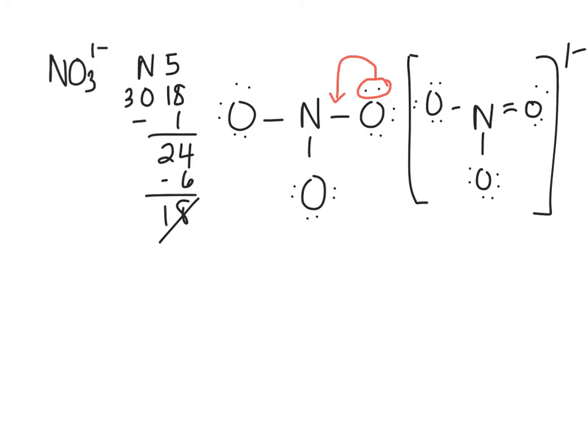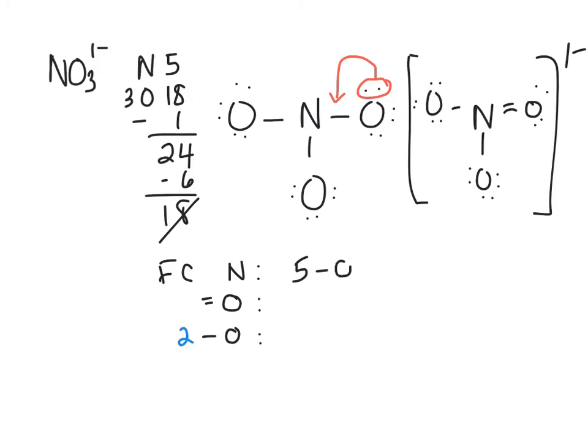Now, formal charges. Nitrogen. Now we have 2 different oxygens. We've got a double bonded oxygen and single bonded oxygens. So what we're going to do, this one, the second one, by 2, because there's 2 of those. All right, nitrogen, 5 valence electrons.